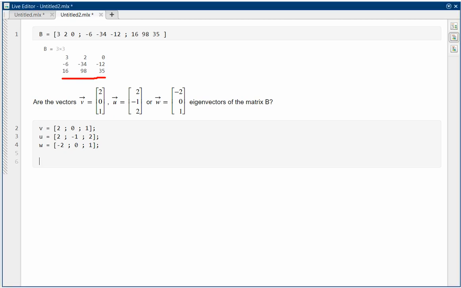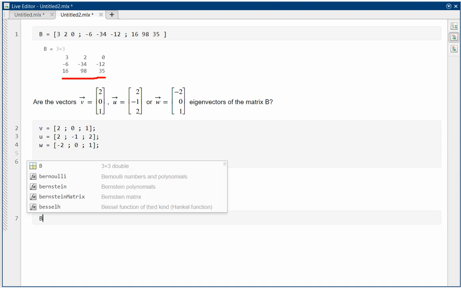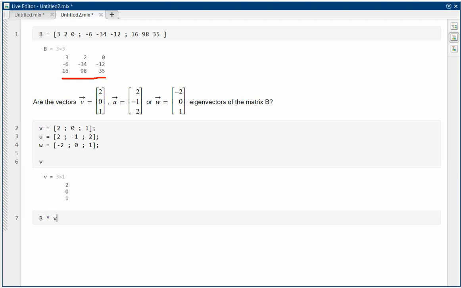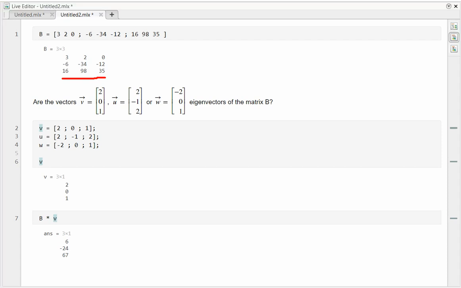So let me print out the vector v so we can see it, and then let's take B times v. This one is very easy to see that no, it's not a scalar multiple. Any scalar multiple would leave a 0 here, and we don't have one, and 2 times 3 is 6, and 1 times 6 is 6. This is definitely not an eigenvector. It's got the wrong kind of properties.